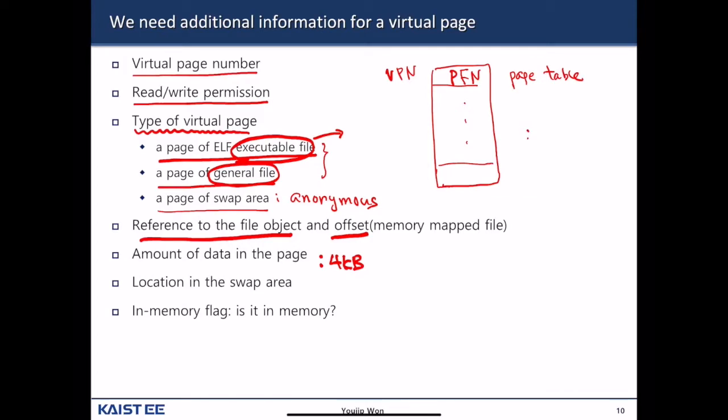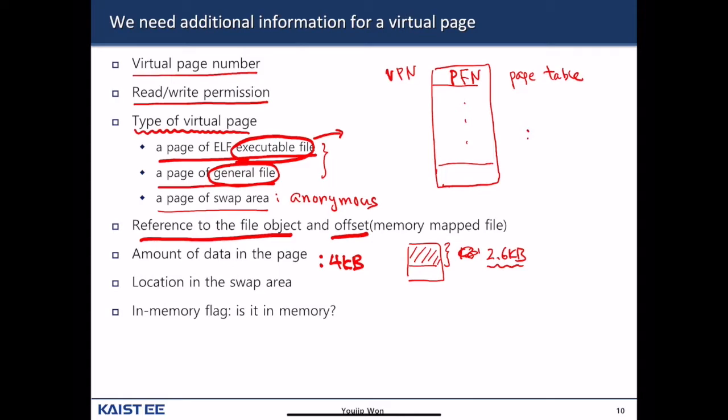For example, only 2.6 kilobytes may contain valid information. This usually happens when the page is the last page in a file and the file is not aligned with the page size. In that case, the last page does not have enough contents to fill it.